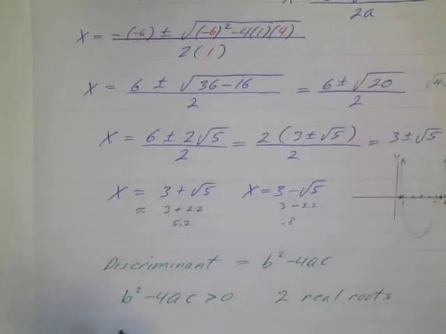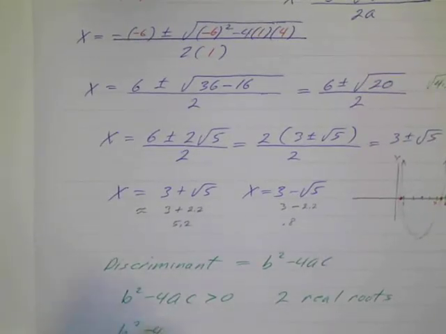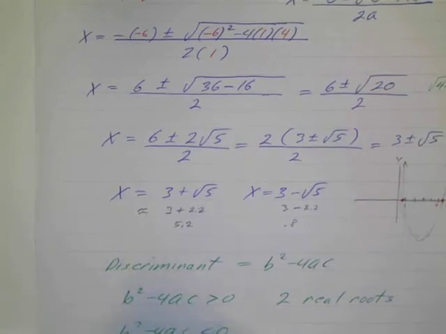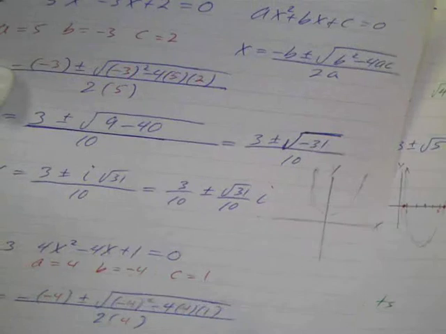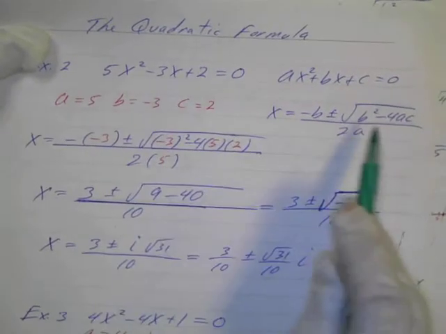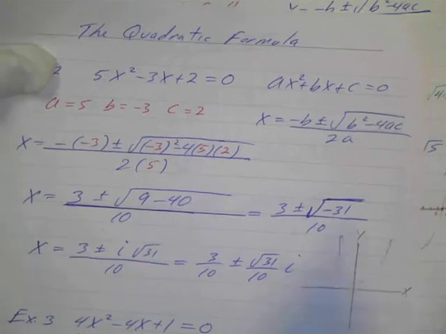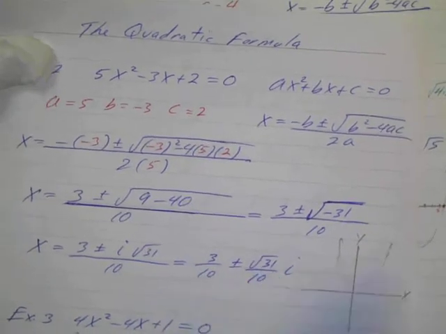Now, if b squared minus 4ac, again, that was what is under the radical, and in this case this was the b squared minus 4ac. If that's negative, we had 2 complex roots.